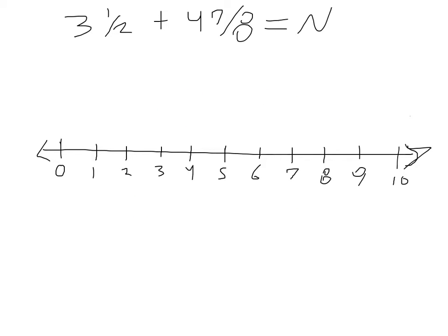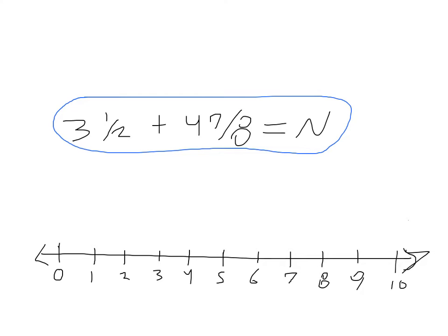I know that because 3 plus 4 is 7, and it's going to be a little bit more than that. So take your time right now, make sure you draw a nice number line and have it evenly divided up into 10 sections. Remember, these are whole numbers down here as well, not fractions. This is 0, 1, 2, 3, 4, 5, 6, 7, 8, 9, 10, so we're going to include some fractions on the top. I'll let you get set up though.